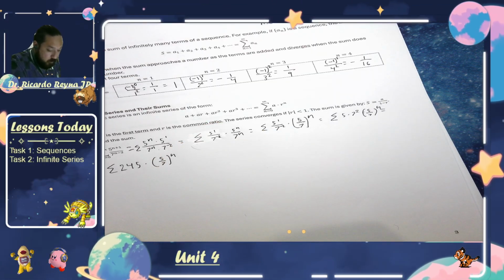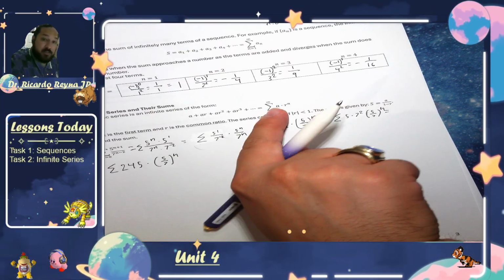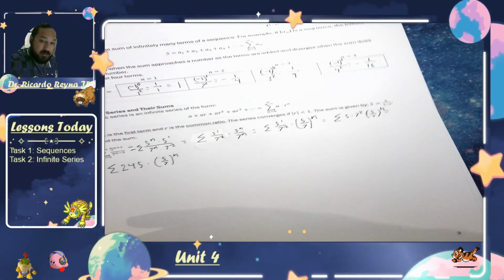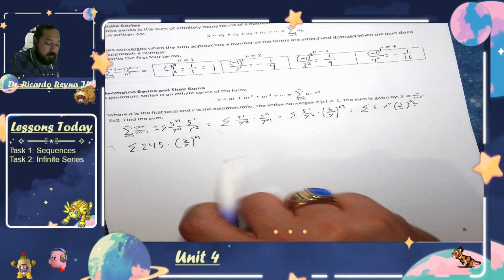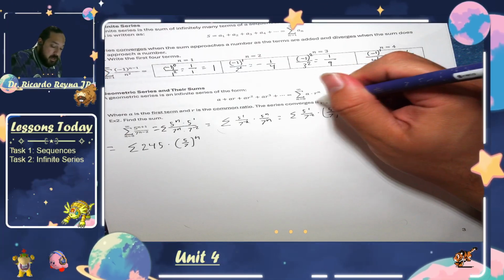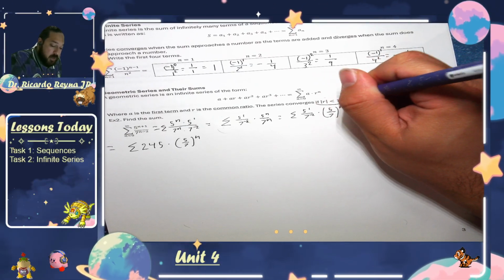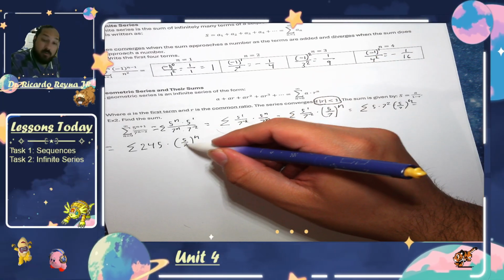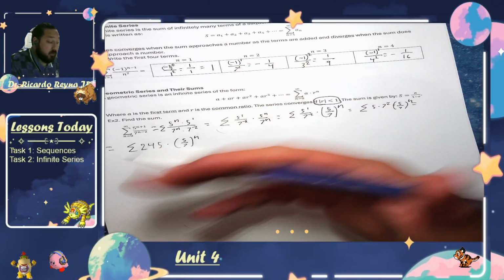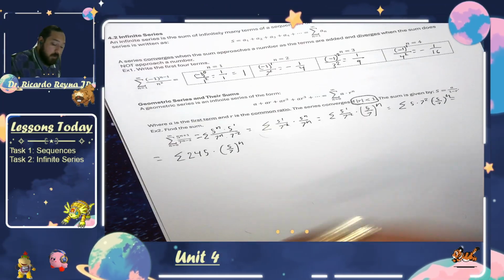So now we've set it up in this format. And we can see here that we can build this sum. Why? Because the absolute value of r is less than 1. It's 5 over 7. 5 over 7 is definitely less than 1. So we can set that up.